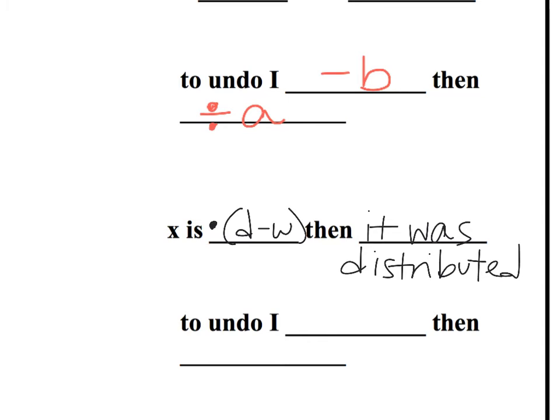So to undo it, we go backwards. Distribution is multiplication. Well, hold on. Do it in the order that it says. So if it says multiply by d minus w and then it was distributed, to undo, I undistribute.